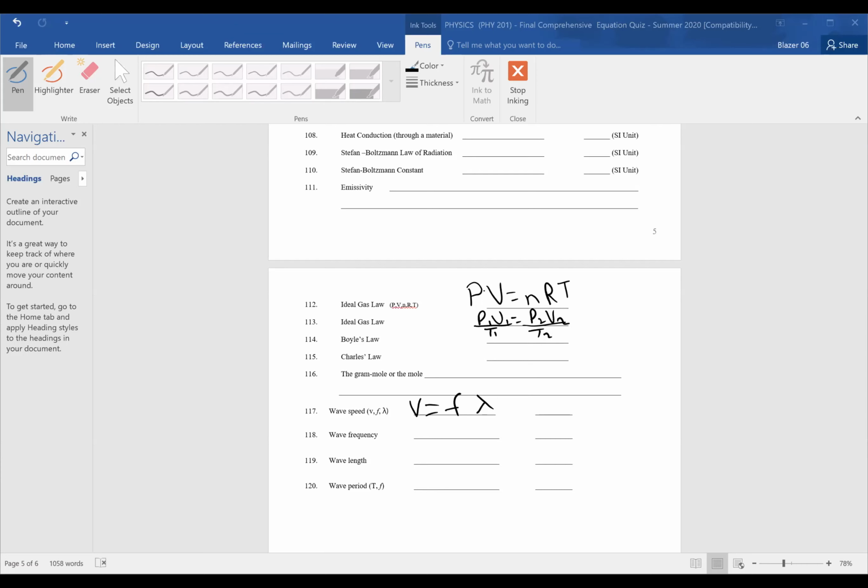Okay, number 2. Which one of the following statements best explains why convection does not occur in solids? Okay, think about a solid. So what are my choices? Molecules in a solid are more closely spaced than in a gas.